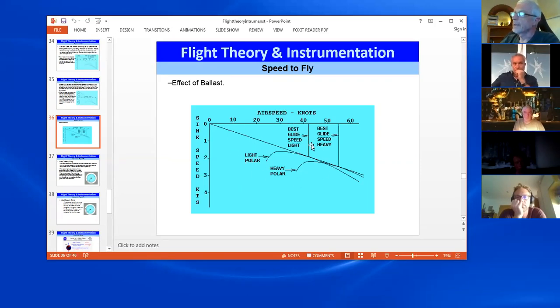That probably explains why, if you're at the bottom in stronger winds, you have difficulty: as soon as you go on bar and increase the speed, you're no longer on your best glide, and so you sink much faster. Whereas someone who's heavier on their wing can be on best glide at a higher speed. So they will actually do better in stronger conditions, weirdly, or maybe not so weird.